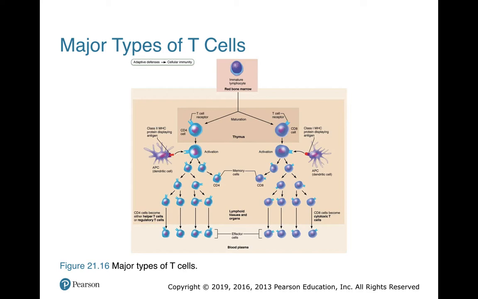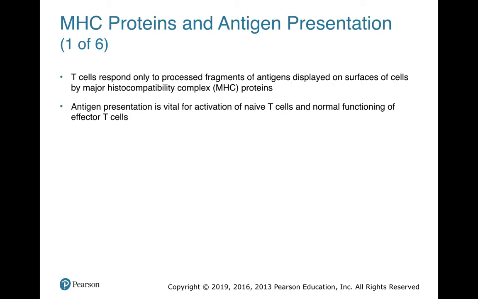When those naive T cells leave the thymus and begin their jobs of surveying the body for antigens, upon activation, the CD4 positives become T helper cells or regulatory T cells, while the CD8 positive T cells become cytotoxic T cells, the effector cell.